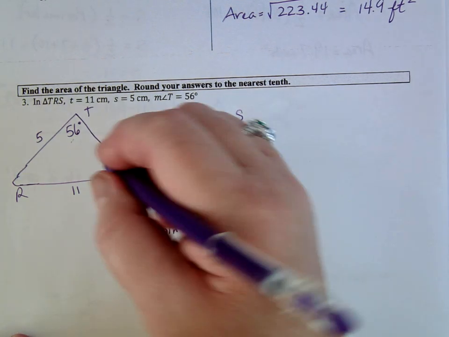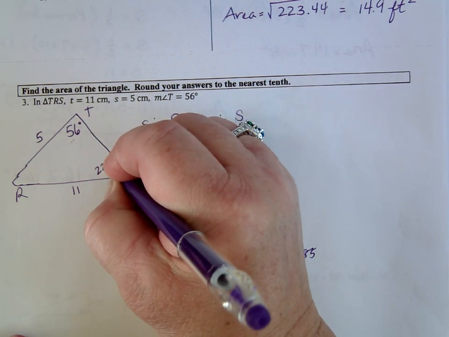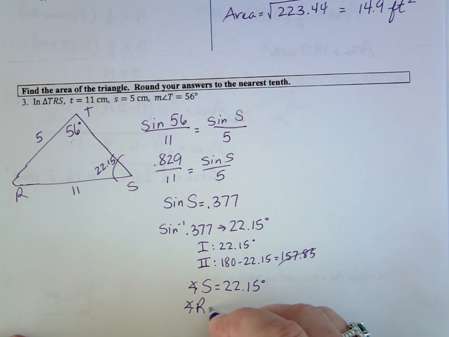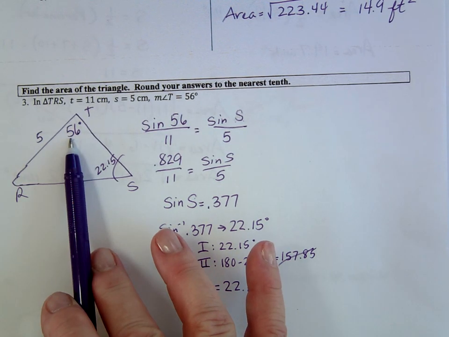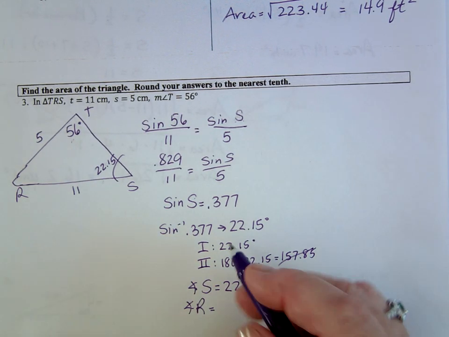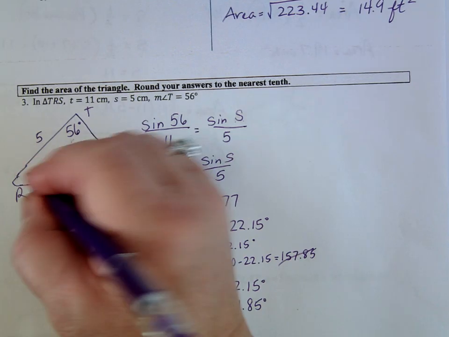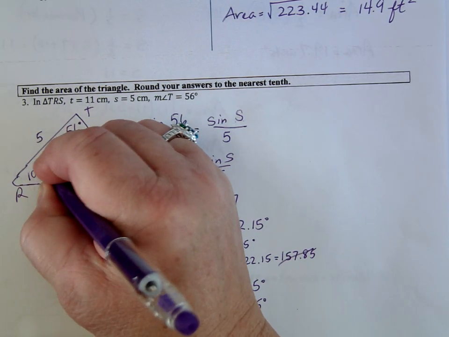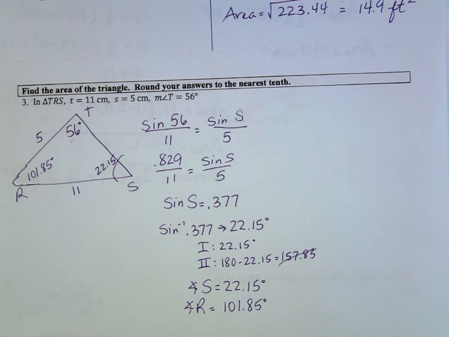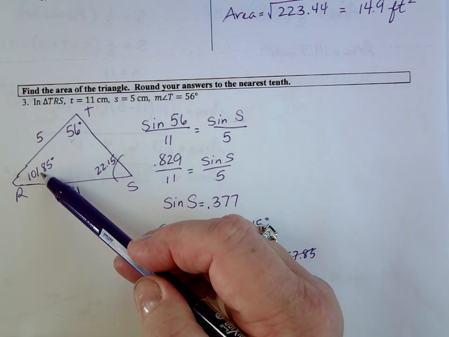Well, if angle S is 22.15, you can figure out angle R because you know the triangle has to add up to be 180 degrees. So if you take 180, subtract 56, subtract 22.15, you get 101.85 degrees. So that's your angle here, 101.85. Now you can use your formula because now you have a side angle side situation.